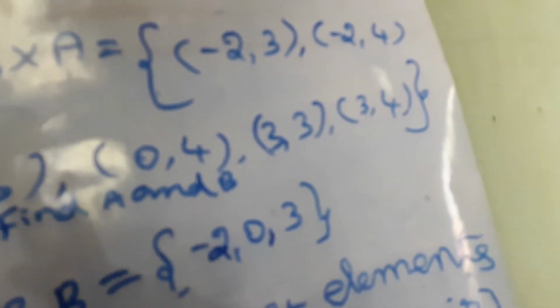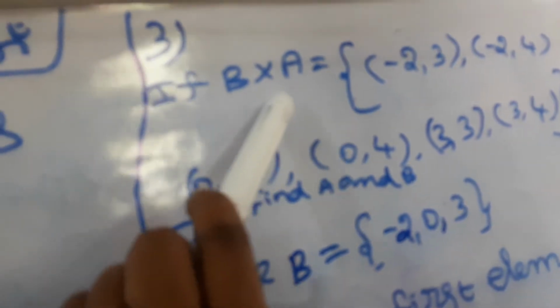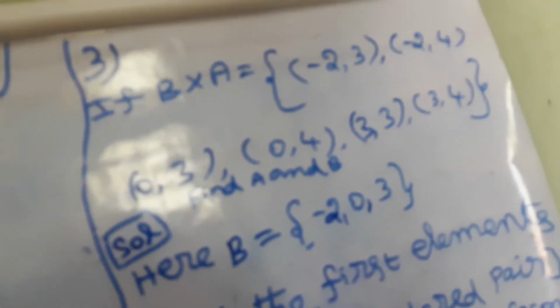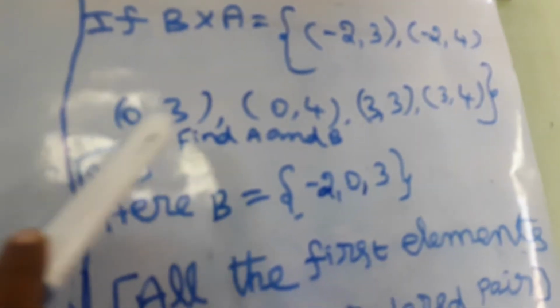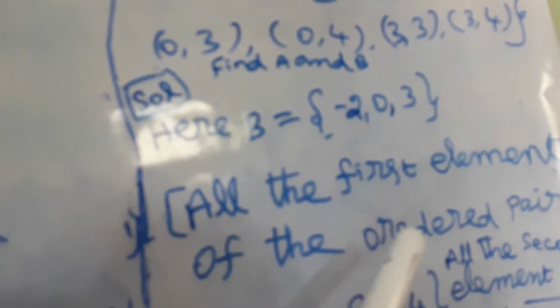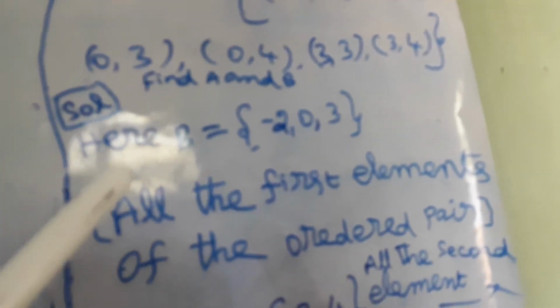The first element belongs to the set B and the second element belongs to the set A, so we can easily find the sets B and A. B equal to {-2, 0, 3}, all the first elements of the ordered pairs.